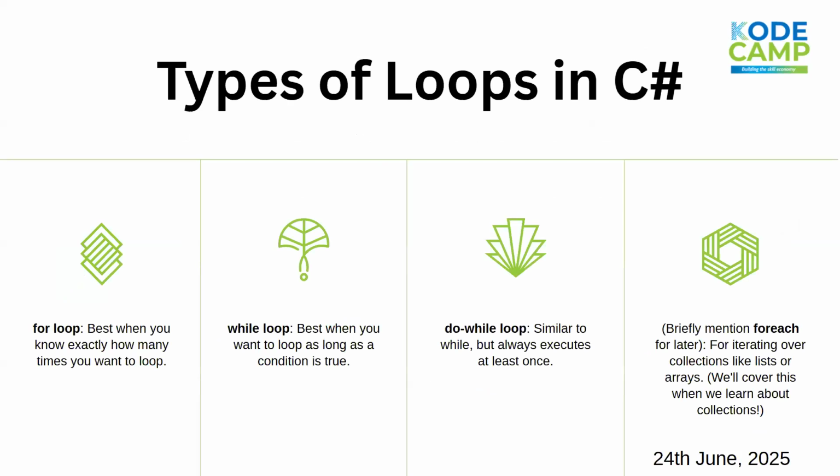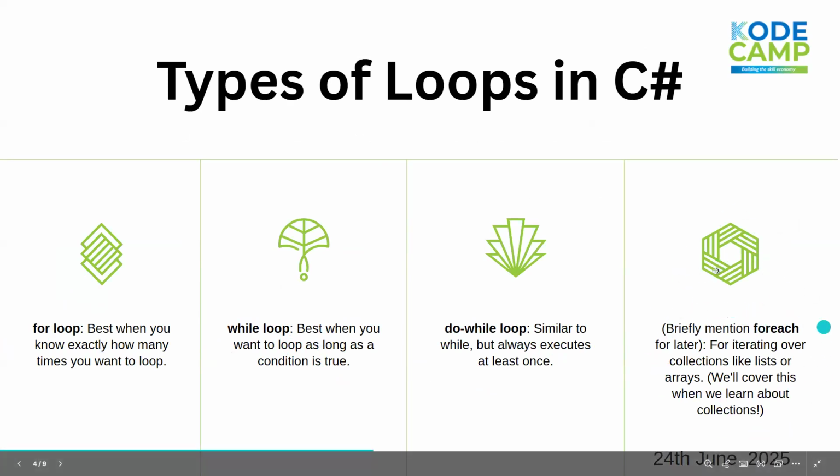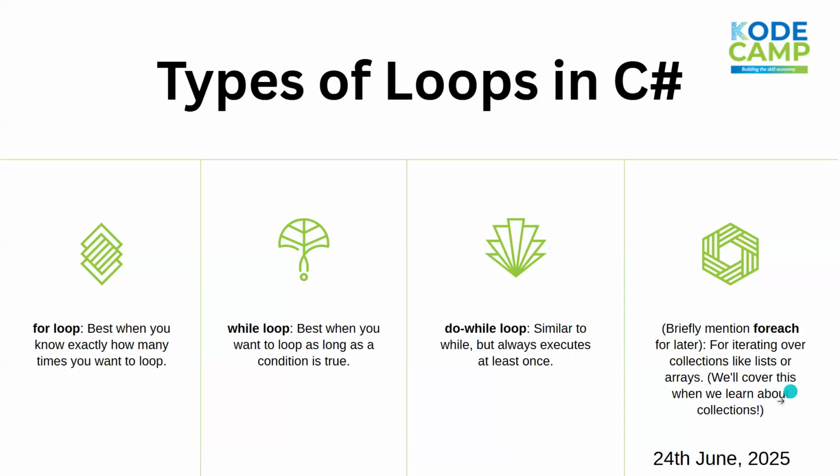Okay, so types of loops in C#. Not only in C#, but in other programming languages, it all boils down to these various types of loops: the for loop, the while loop, the do while loop, and the foreach loop. For this part, I won't dwell much on the foreach loop.